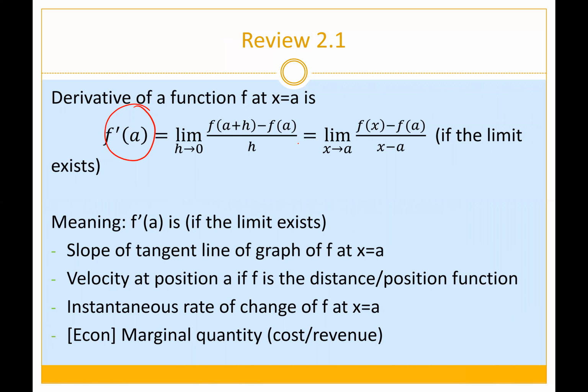Or you can have another way to define this: the limit as x approaches a of f of x minus f of a, the entire thing divided by x minus a. This is a second way to define it. And this equality will only hold when these limits exist.